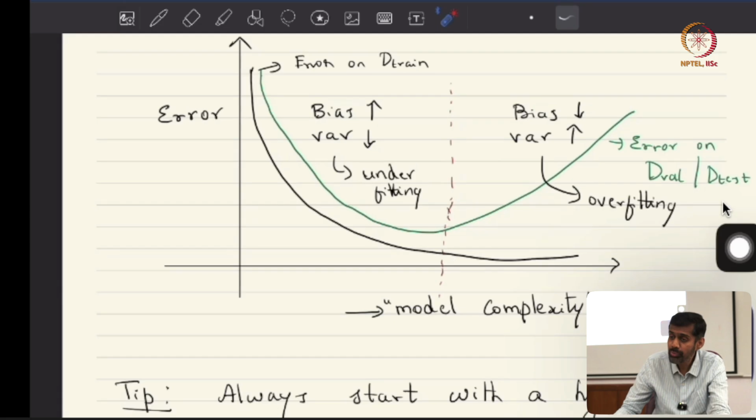Now, suppose we are solving ERM through gradient descent or numerical algorithms, then what people typically do is keep running your numerical algorithm, gradient descent, for a very long time, okay, till your training error reduces drastically. Keep tracking your validation accuracy and get this curve and ship the model at this point.